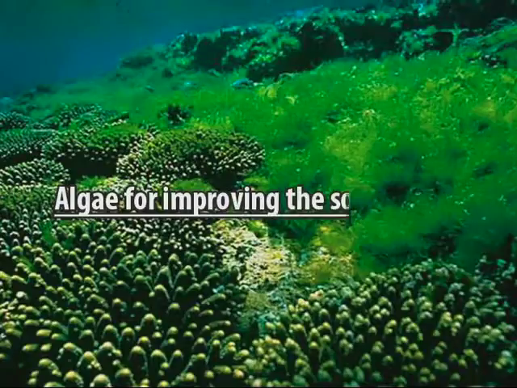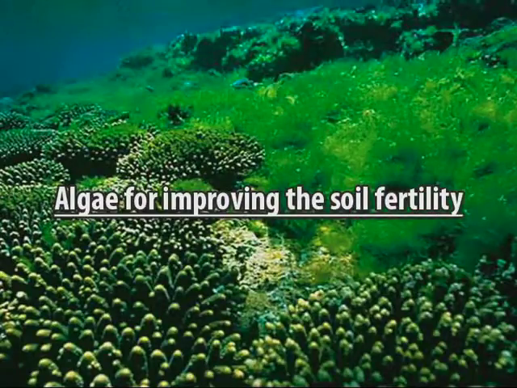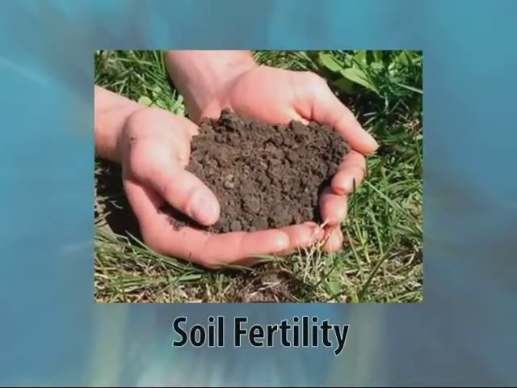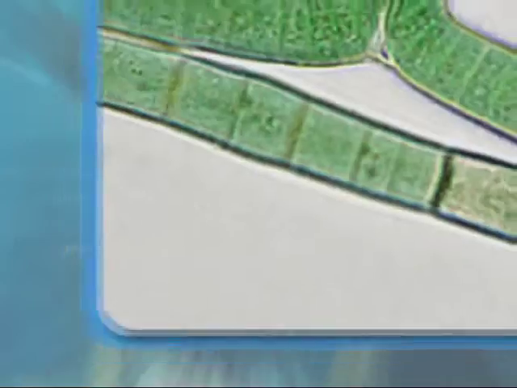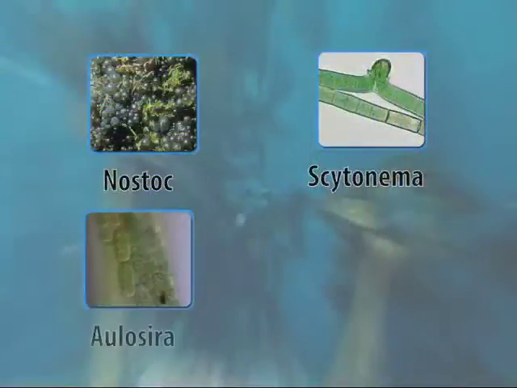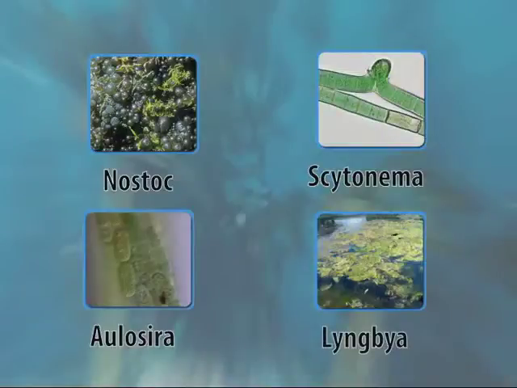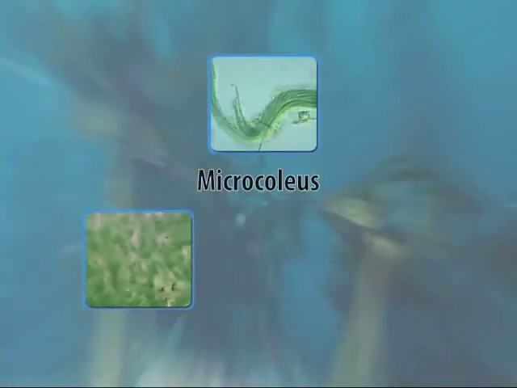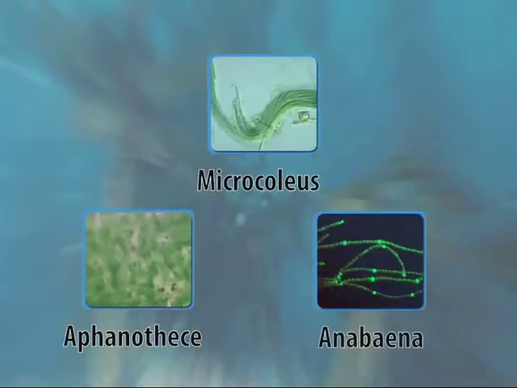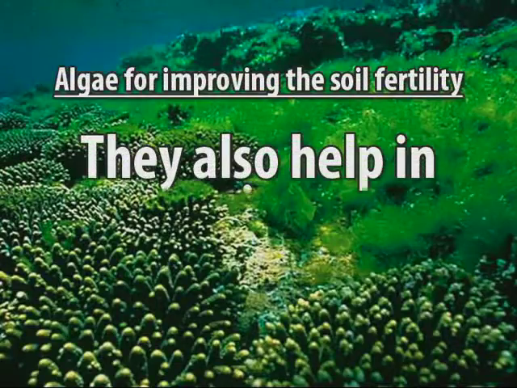Another important feature of alga is to improve the soil fertility as well as to reclaim the soils which have become non-productive. That is where we can sometimes improve soil fertility potential or sometimes convert a non-productive soil into a productive soil by the addition of specific alga, and among these Nostoc, Scytonema, Calothrix, Lyngbya, Microcoleus, Aphanotheca and Anabaena have been seen to play an important role in improving not only soil fertility but also sometimes converting a non-productive soil into a productive soil.